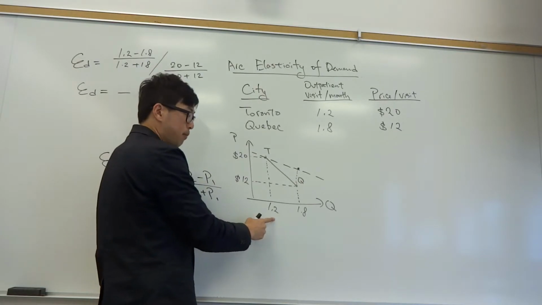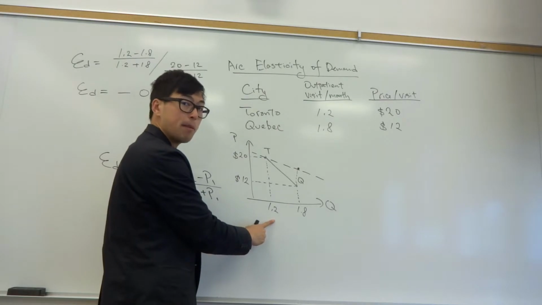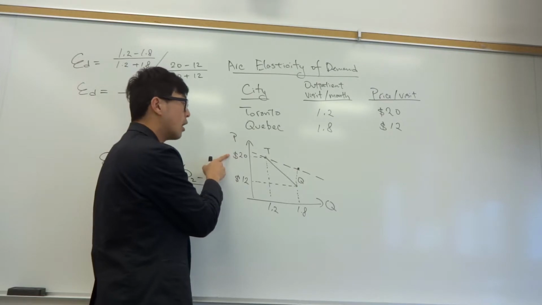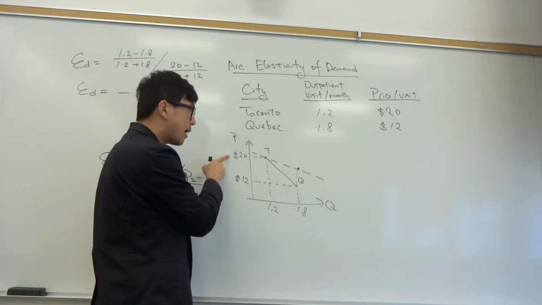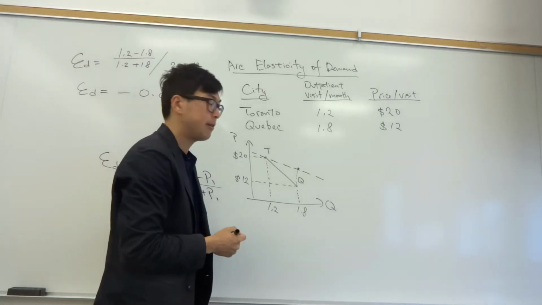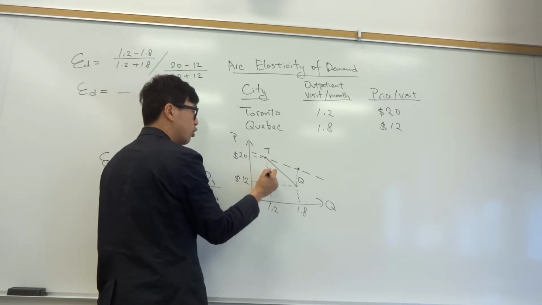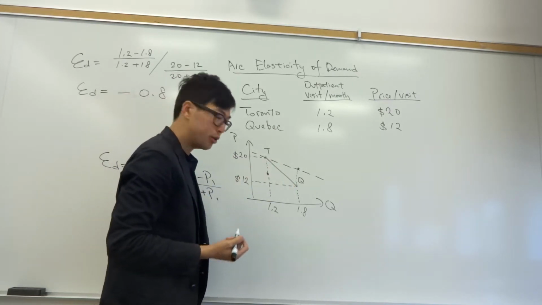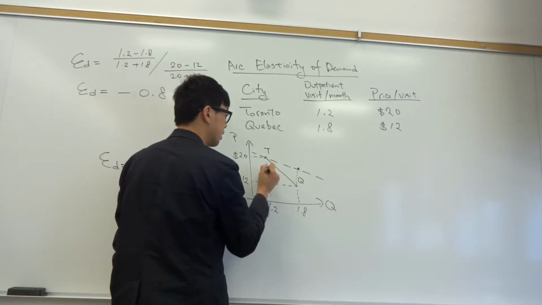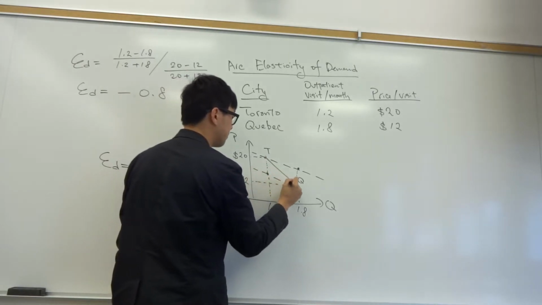So when people start deciding to cut down on the number of visits per month, obviously they will not be willing to pay this high price. Instead, they will pay a little lower price because in general they have lower income compared to Toronto. So instead of $20, maybe people are only willing to pay $15 to reduce the level of visits by this much. So in this case, the true demand curve for Quebec might look something like this.